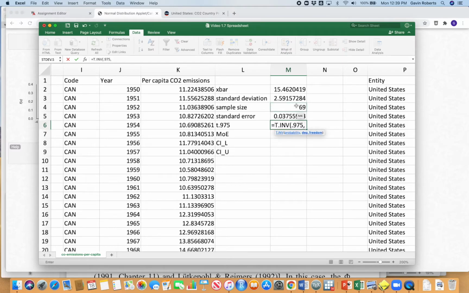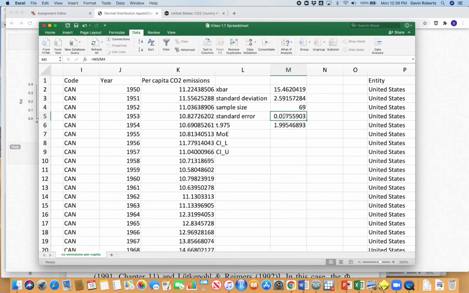Degrees of freedom is always your sample size minus 1. And so there we go. That says that we have to go 1.995 t's above the mean in order to have just 2.5% in that upper tail and 97.5% in the lower.